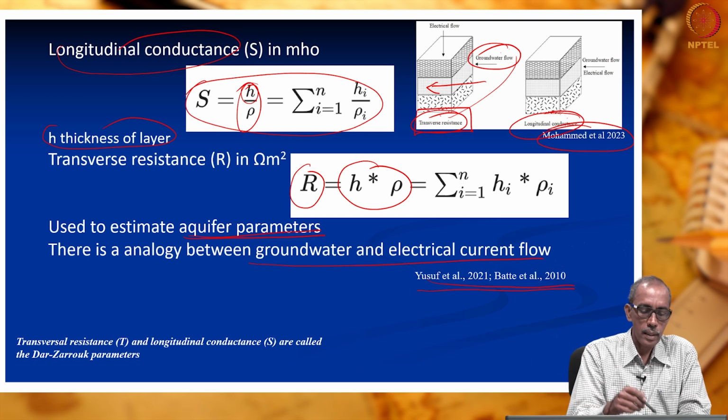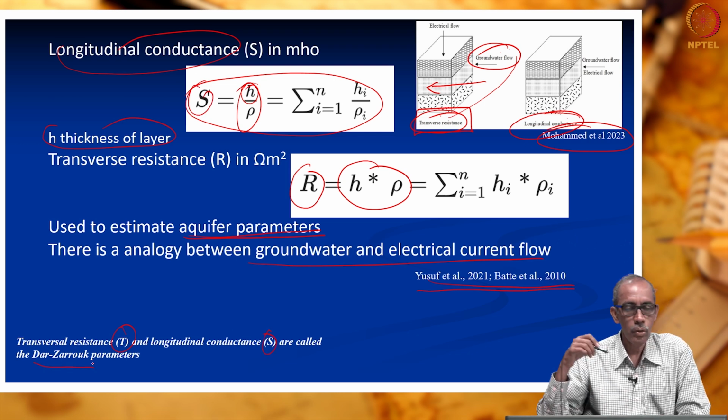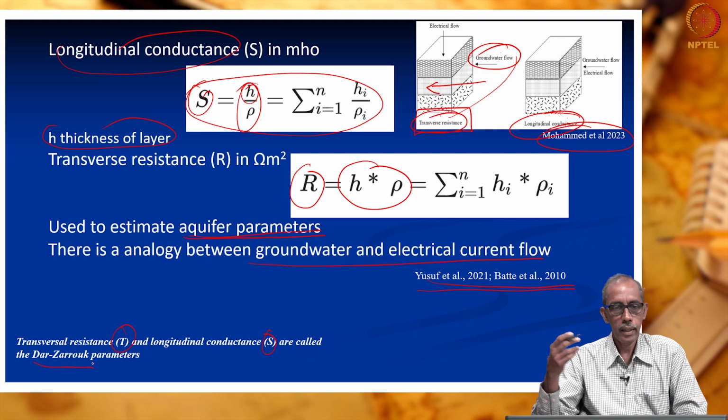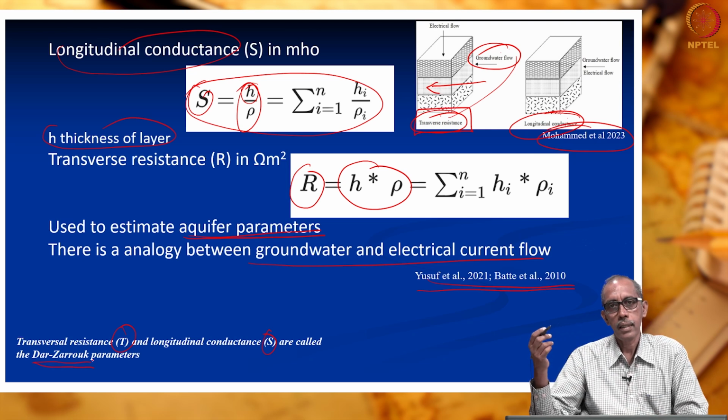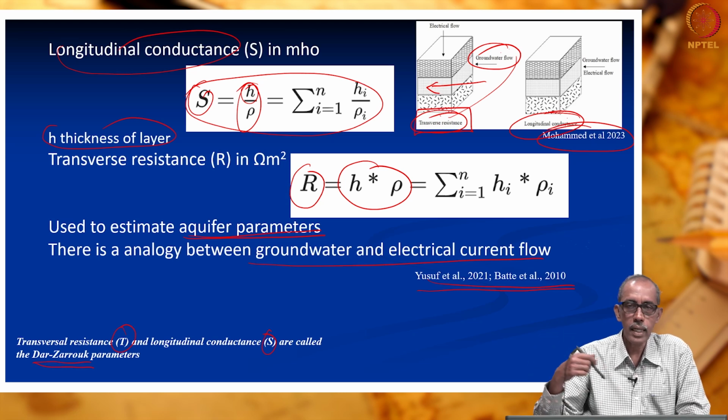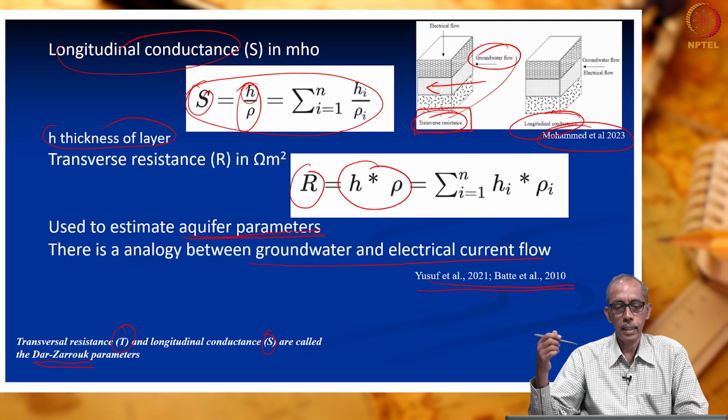The transverse resistance T and the longitudinal conductance are also known as Darcy-Roux parameters, because they are named after these researchers who have suggested this technique of estimation of transverse resistance as well as longitudinal conductance.